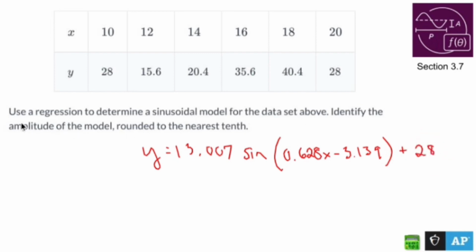The question asks us to find the model, so we wrote it out. Identify the amplitude. Well, the amplitude is the number attached to sine at the very beginning. So my amplitude is 13.007. Okay? So there you have it.